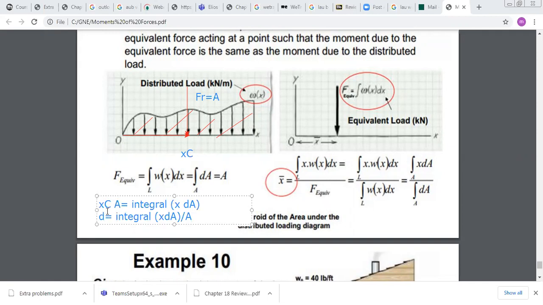I get the position of my centroid. So from my formula, I obtained the distance d.